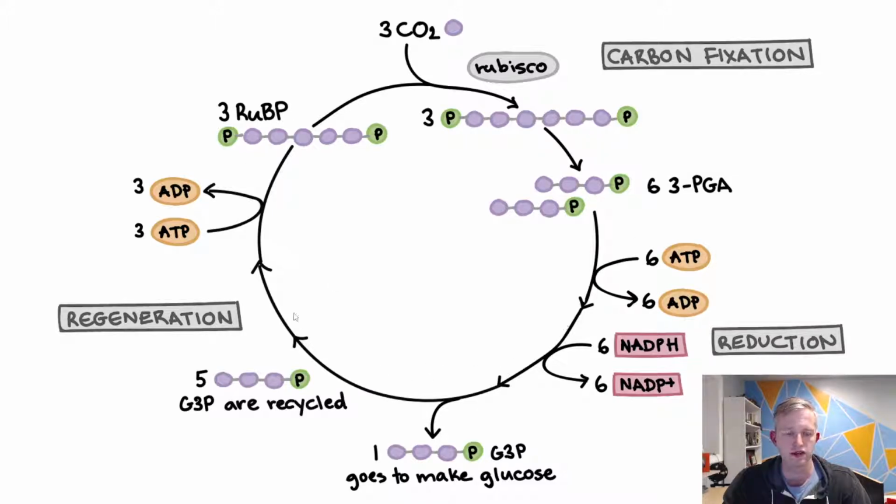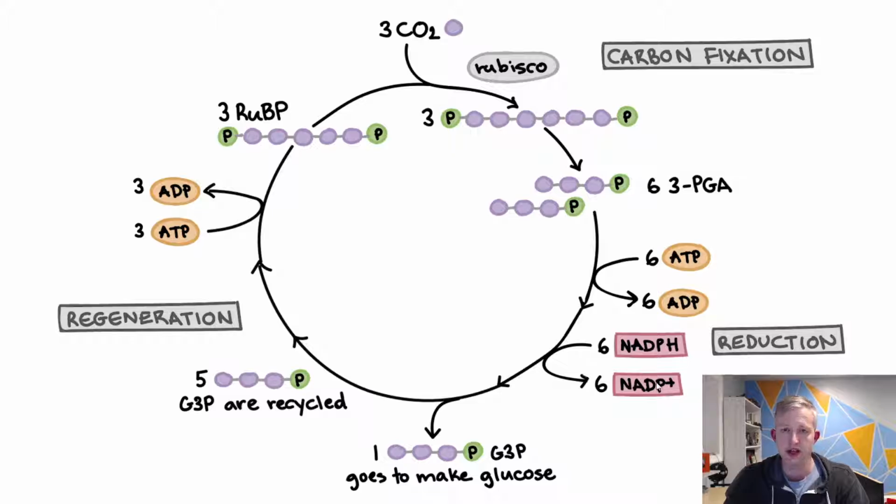The rest of this is really just about how this is able to happen. We can't just take carbon dioxide, throw it together and have half a glucose. Instead, there's a 5 carbon molecule that scoops up one CO2 and becomes a 6 carbon molecule. That's unstable, so it breaks into 2 3 carbon molecules.